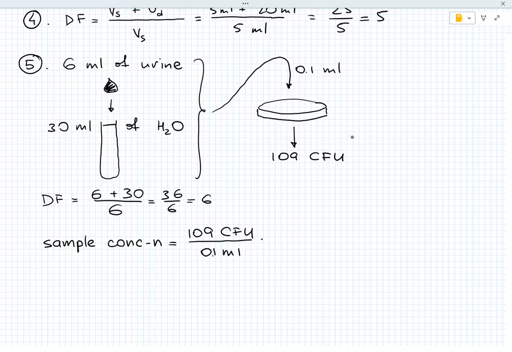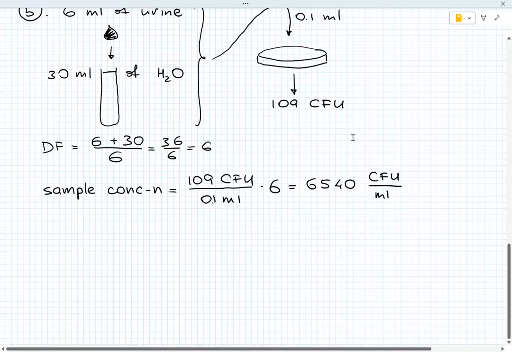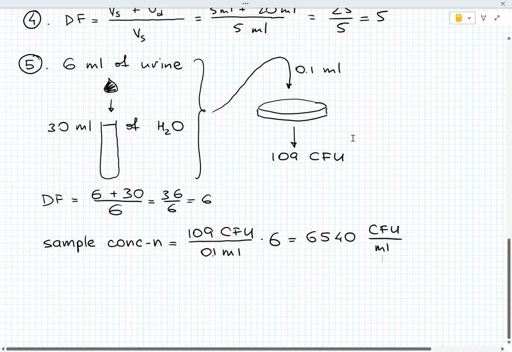And what is the dilution factor? So it gives you 6,540 colony forming units per ml. Yes, multiplied by 6.